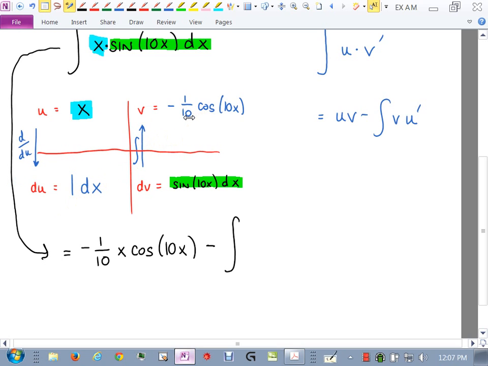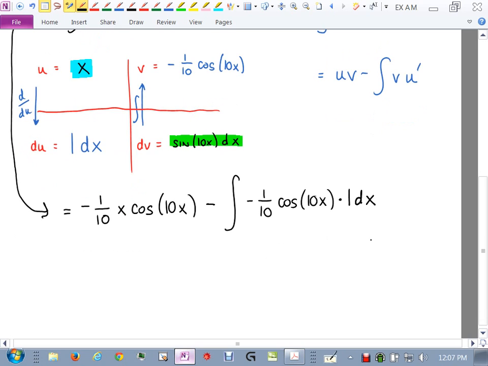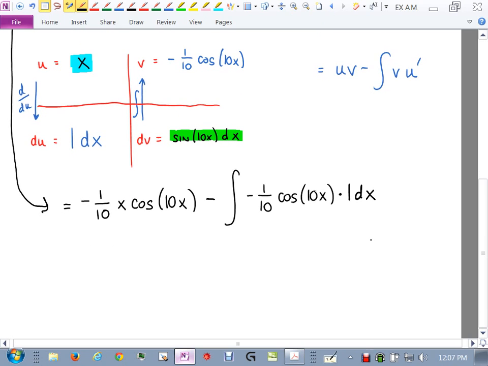So just multiply these across. Isn't that just going to be negative 1/10 cosine 10x times what? 1 dx. So I'll put 1 dx even though I don't really need the 1. Which is negative 1/10 x cosine 10x.